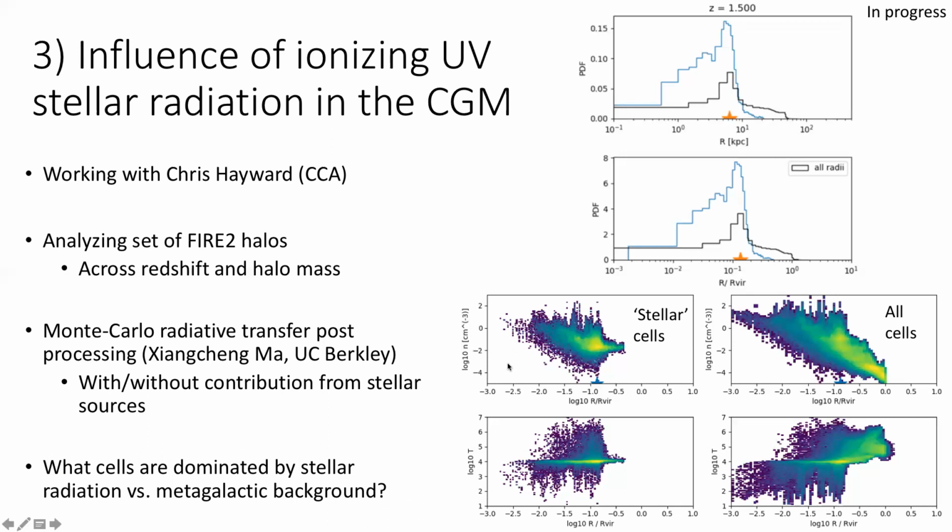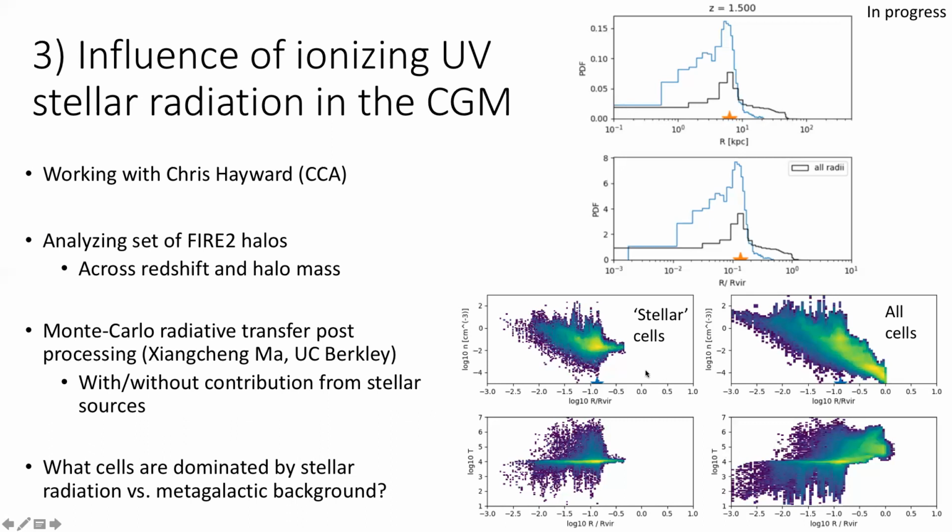What we can also do is look at phase plots showing the density and the temperature. On the left column, we have the cells that are affected by stellar sources, and on the right, we have all of the cells. One thing we can clearly see here is that the left column is missing this hot gas over here and also very low density gas.